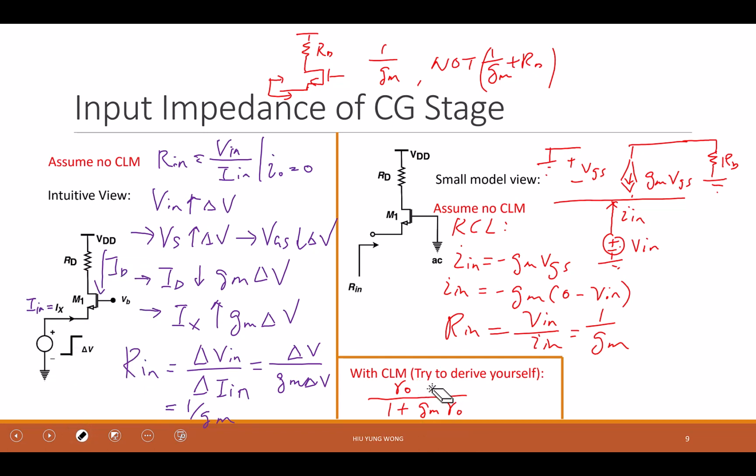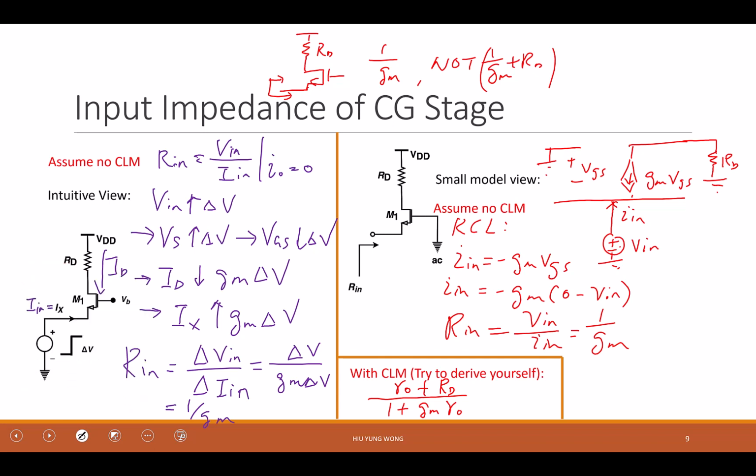R0 plus RD, sorry for my writing. Say again, I cannot hear the last. What equal to RD? Oh, you're talking about the circuit, right? Yeah.